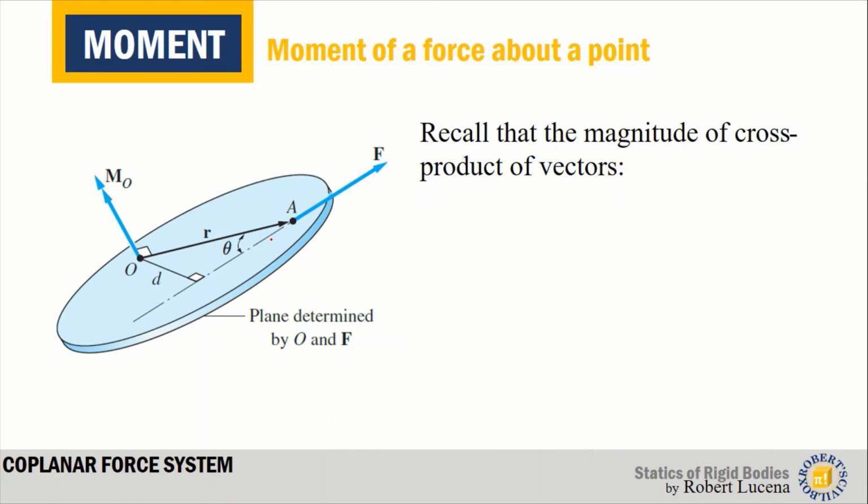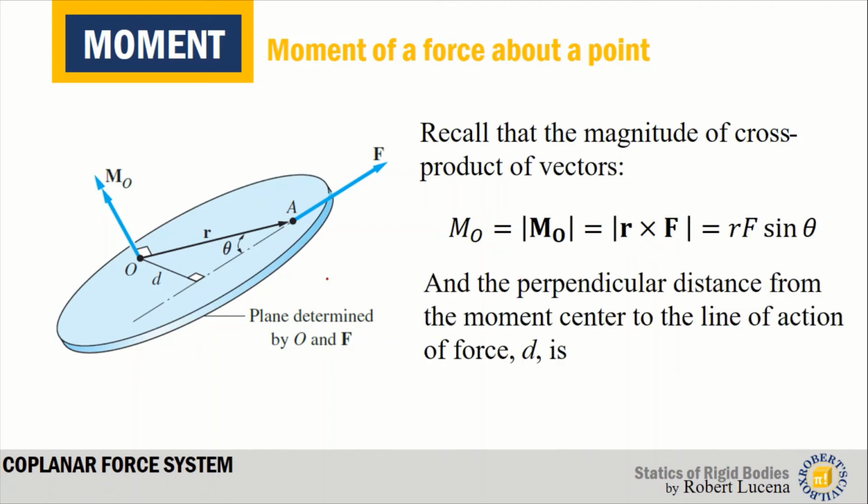Now recall the magnitude of the cross product of vectors. The magnitude of the vector MO caused by the cross product R cross F. So vector MO is the cross product of R and F. And if you want to get the magnitude of MO, recall that the magnitude of a cross product is RF sine theta.